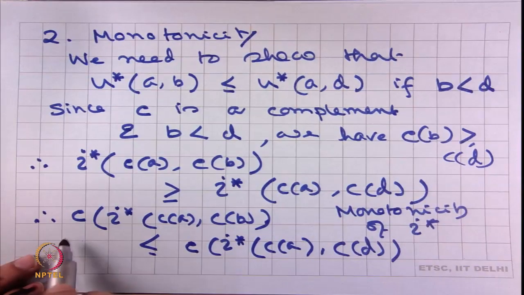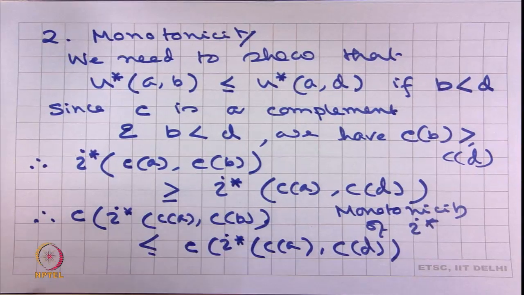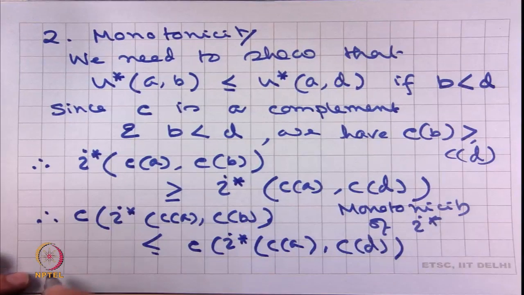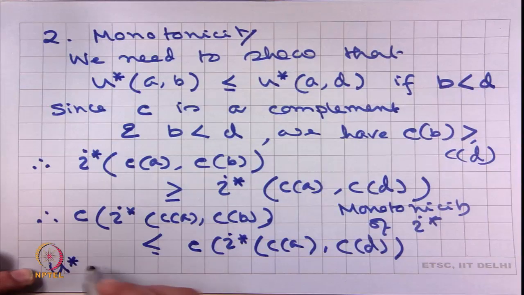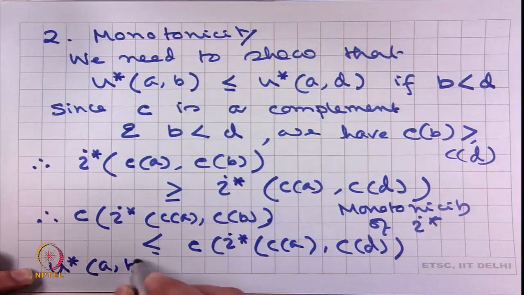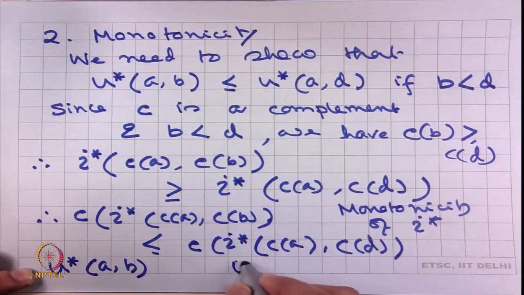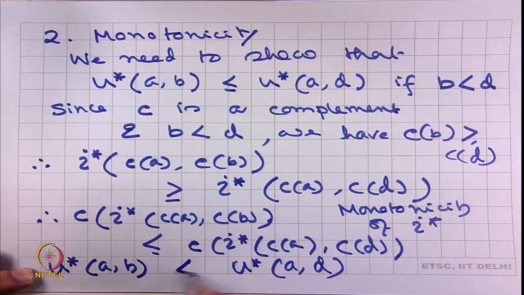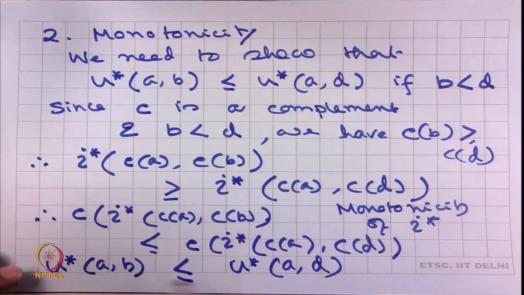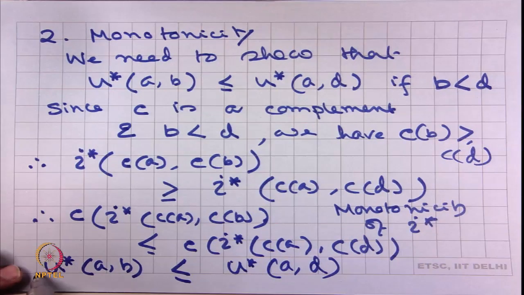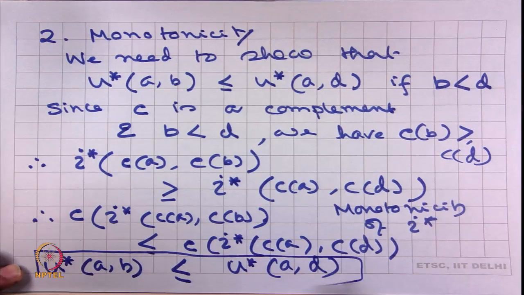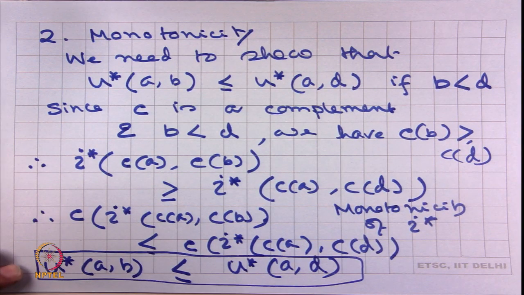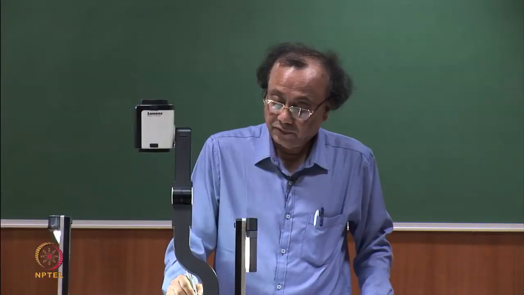Because we are now taking the complements, the inequalities will be reversed, and this is nothing but U star of a comma b, and this is nothing but U star of a comma d. Therefore, we get that U star of a comma b is less than or equal to U star of a comma d.